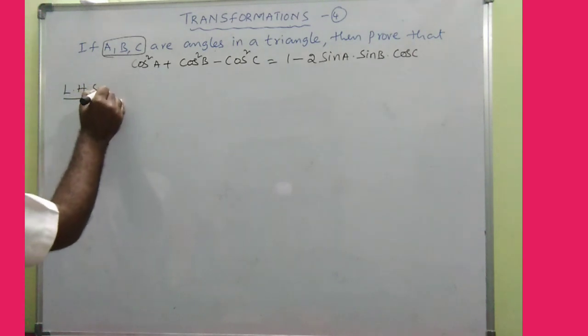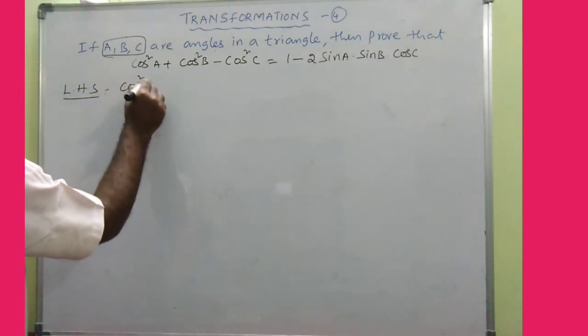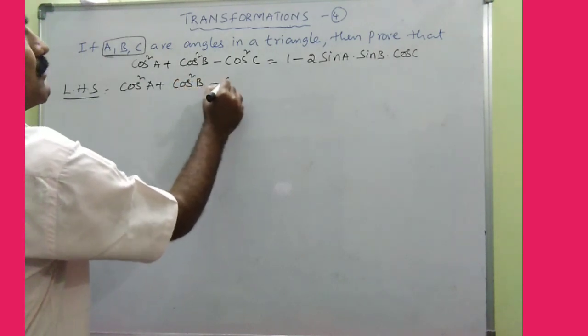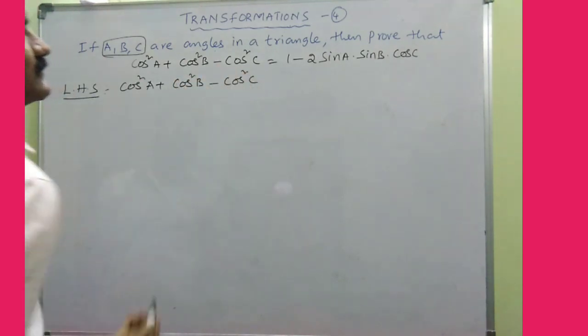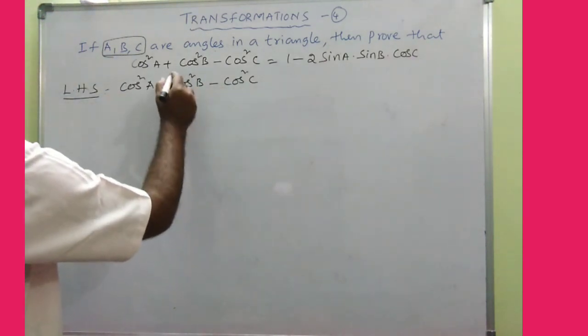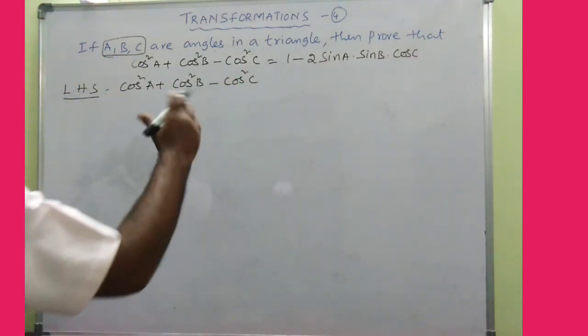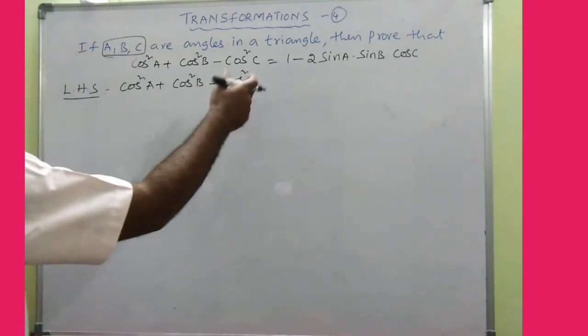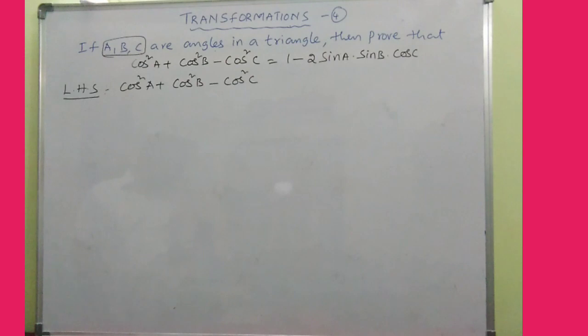So consider the LHS, cos square A plus cos square B minus cos square C. Actually you can solve it same as the previous one. If you consider this as a single unit, then cos square B minus cos square C, we have no formula, so you need to change it in terms of sine.